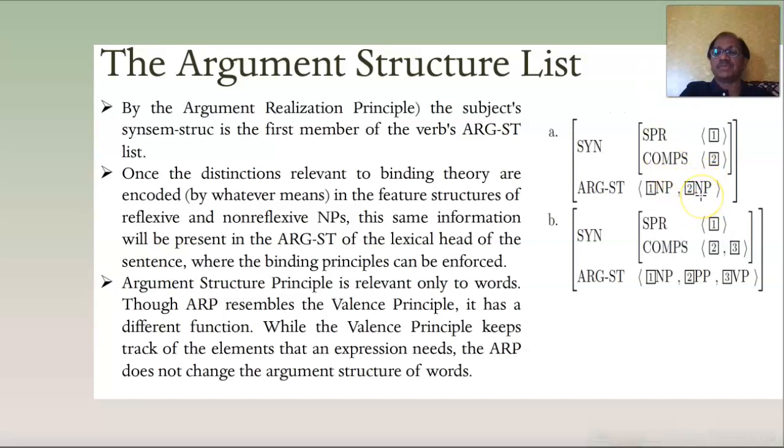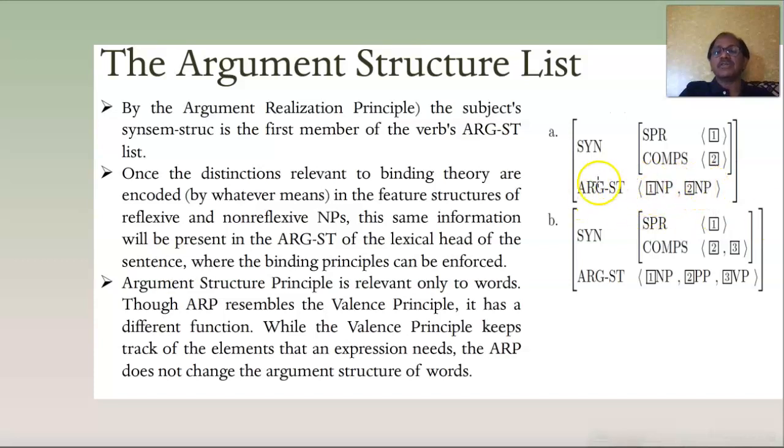This will not be removed. Argument structure remains the same throughout. What changes here is only the specifier and comps, not the argument structure. Right? That's how the argument relation principle is different from the valence principle.